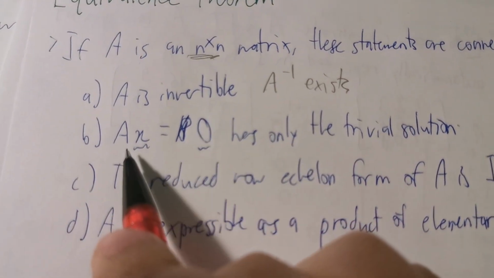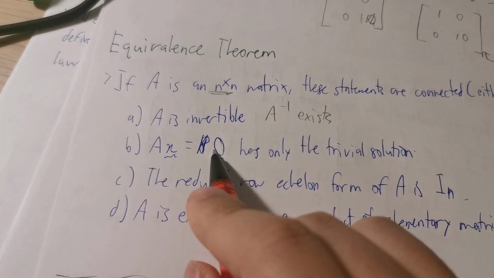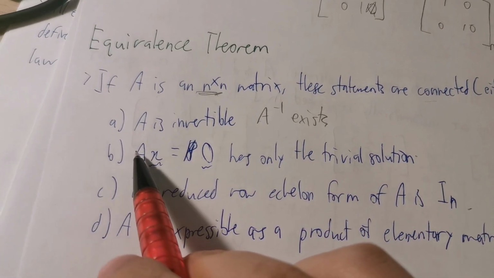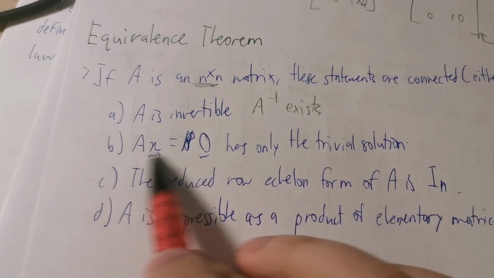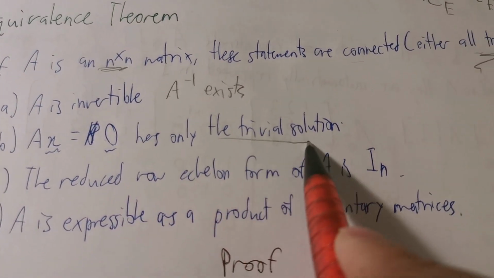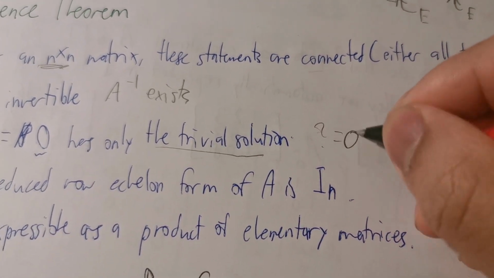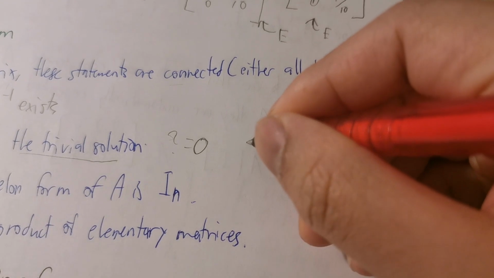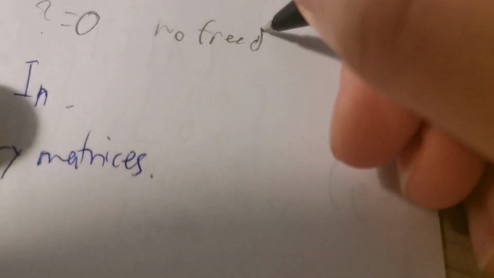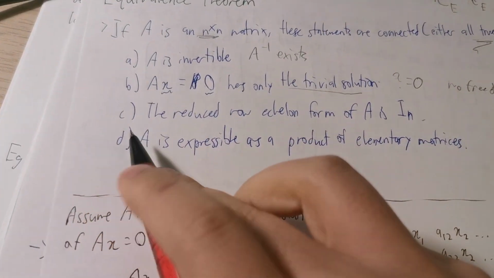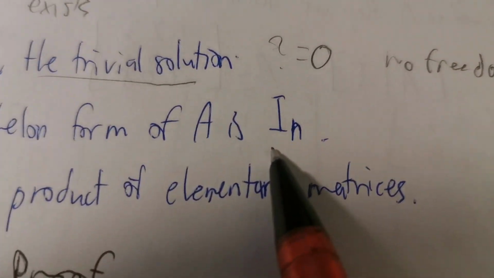The next statement: if you remember homogeneous linear systems, this states that the A in a homogeneous linear system has only the trivial solution, which means all the unknowns equal 0, and there are no free variables, right? And then this states that the reduced row echelon form of A is the identity matrix, right?